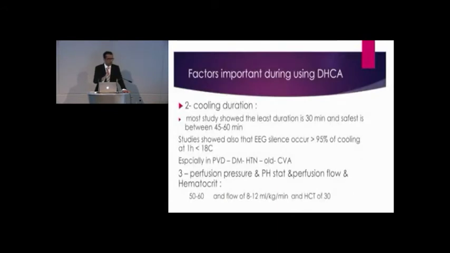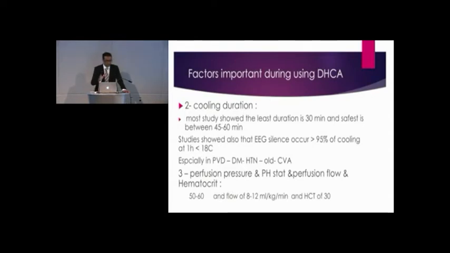If you get there in 20 minutes, which is very rare, almost impossible, but let's say you did it, it's not safe to stop, because most of the studies showed you need at least 30 minutes to cool. Even if you reach 18 degrees at 20 minutes, you have to stay at least 10 minutes before you stop your cardiopulmonary bypass. But the safest and better is usually between 45 to 60 minutes.